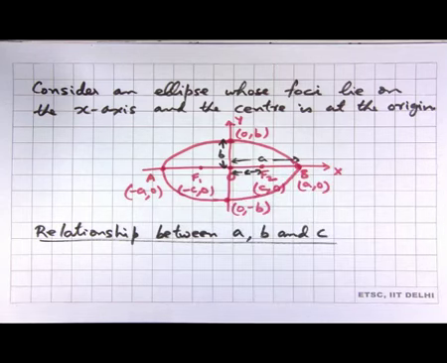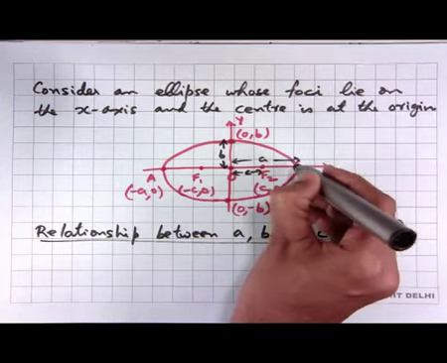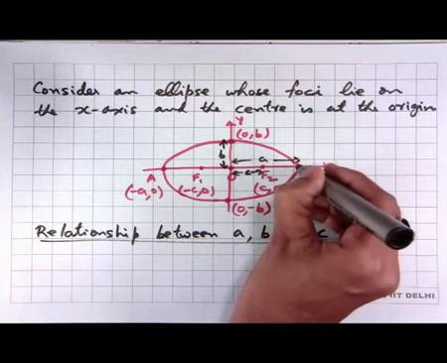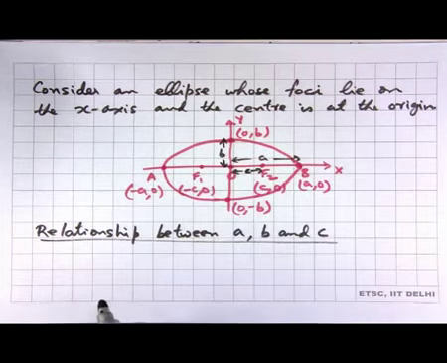Now, by the definition of an ellipse, we know that for any point on the ellipse, the sum of the distances from the foci F1 and F2 must be constant.